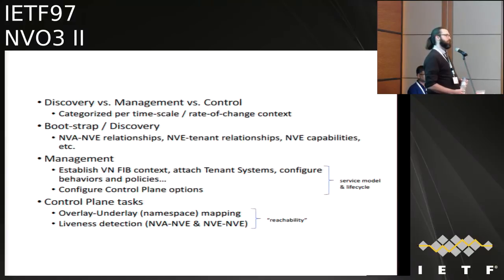Overlay in the simplest form with respect to the NVO3 context is VLAN. You extend the VLAN, and how you configure that extended VLAN across this network, which is heterogeneous, spans a bunch of data centers, core network, and so forth. Configuring that VLAN requires both management and control plane functionality. That's the scope. That's between NVA and NVE.